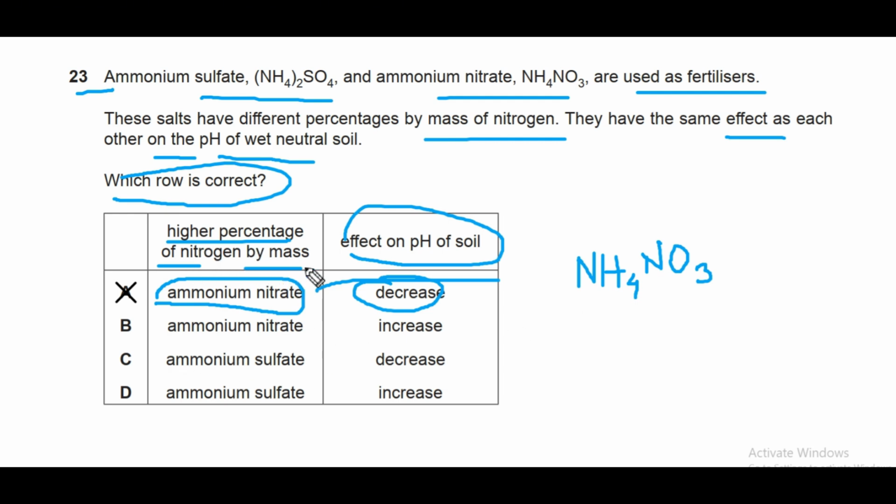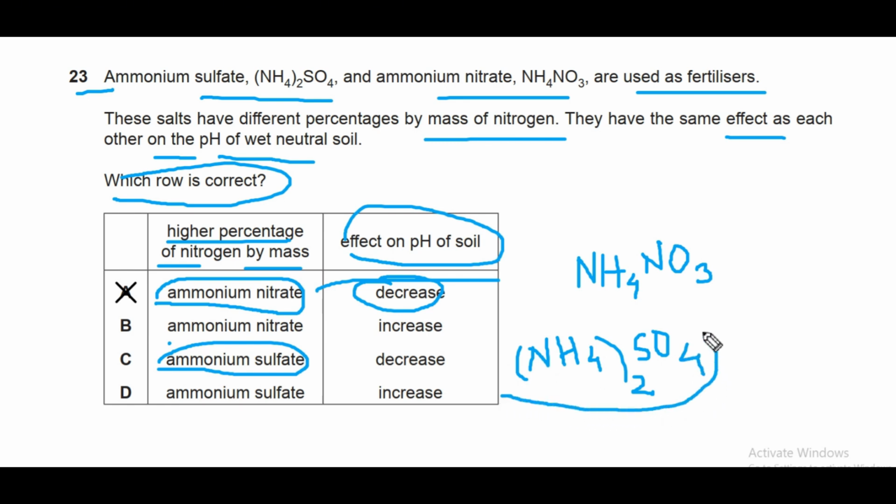Higher percentage of nitrogen by mass: ammonium sulfate, this formula will be (NH4)2SO4. So ammonium sulfate will have greater molecular mass.